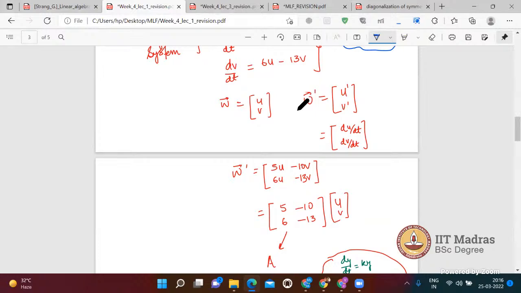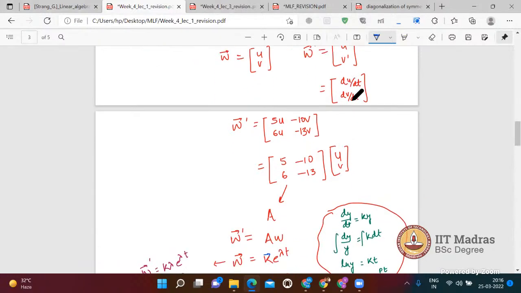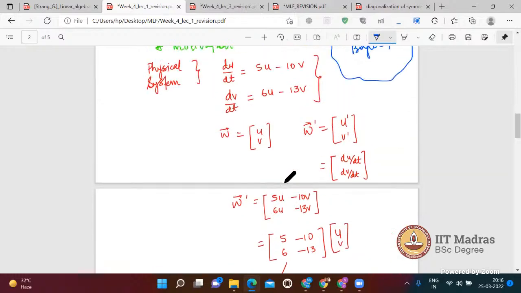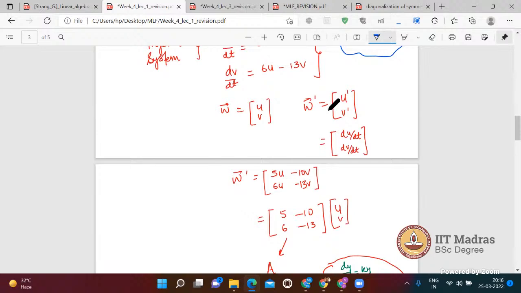So w transpose is represented as du by dt and dv by dt, the differentiation of u and the differentiation of v. This du by dt can be represented from this matrix.